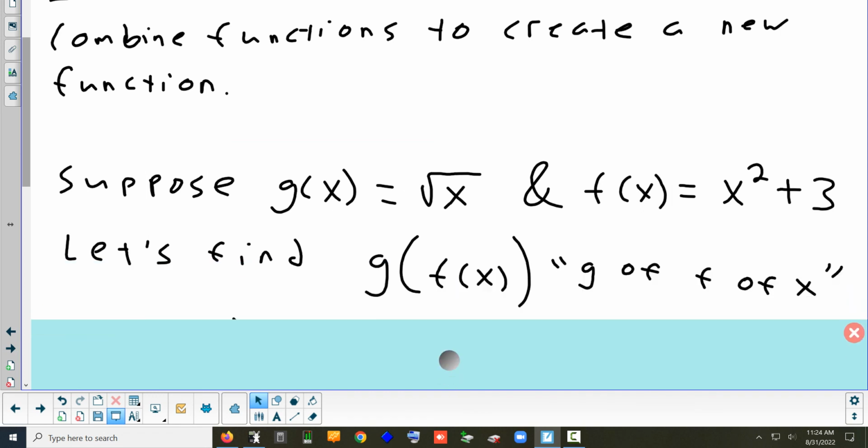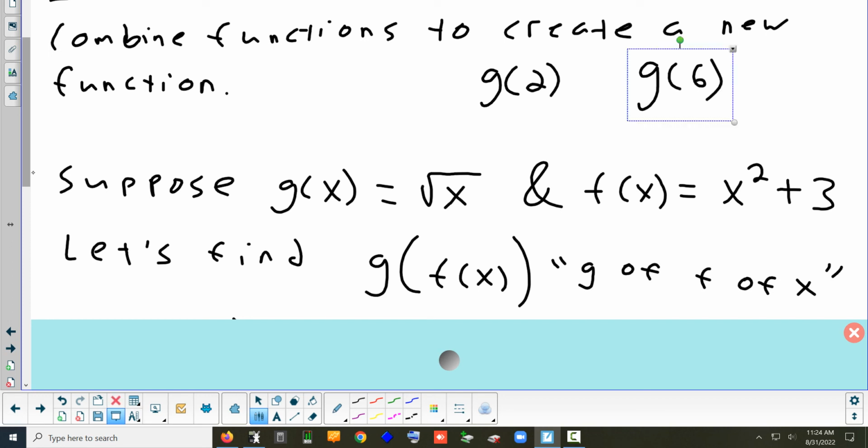The idea of composition is that you plug one function into another. You take one function and you use that to replace the variable in another one. So rather than plugging in, say, a number, like if I wanted to do g of 2, that means in the g function, put a 2 in for all the variables. Or g of 6. In the g function, put a 6 in for all the variables.